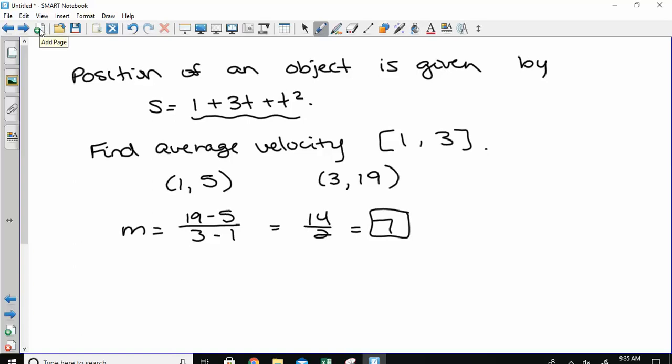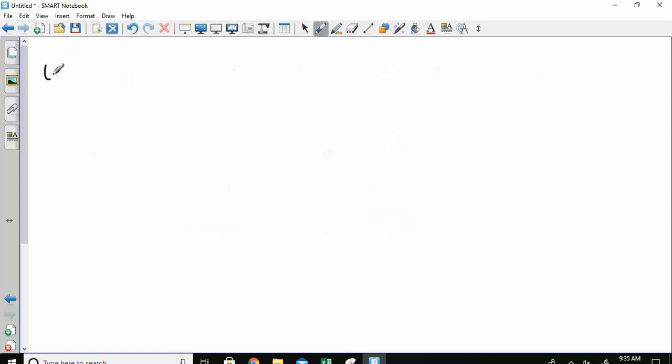What about the definition of derivative? Do we need to do one of those?